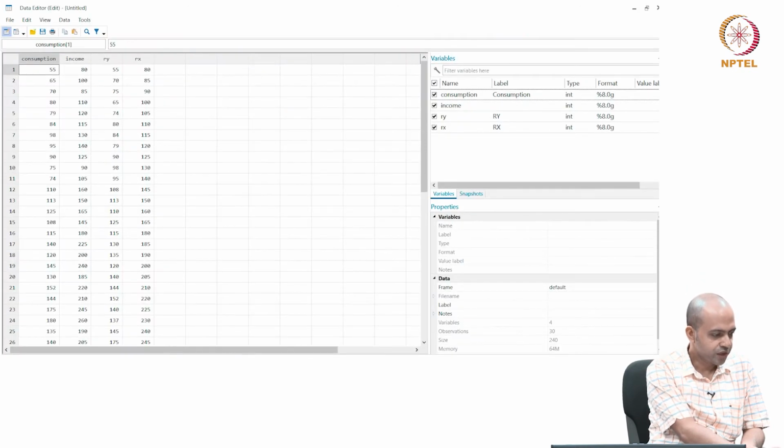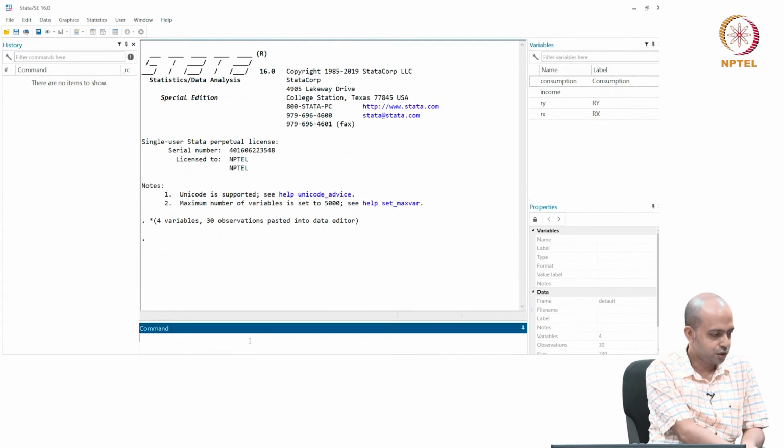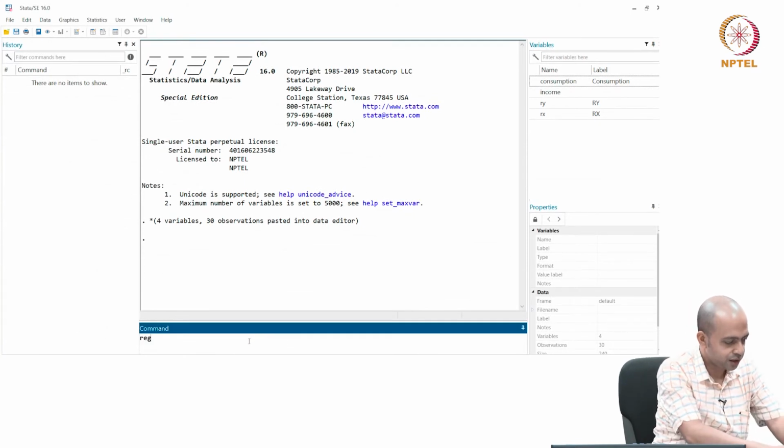So, here what you are doing, you are estimating this model. What is the model? Reg consumption, which is actually a function of income.